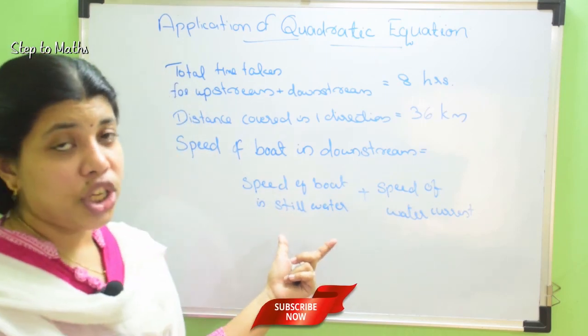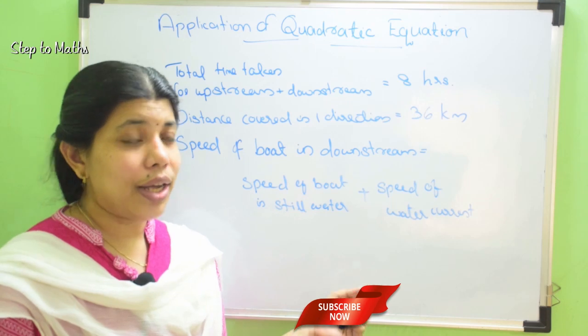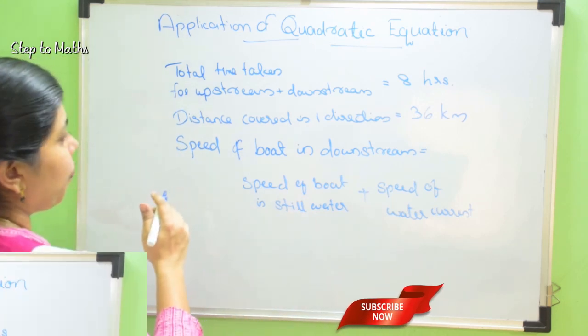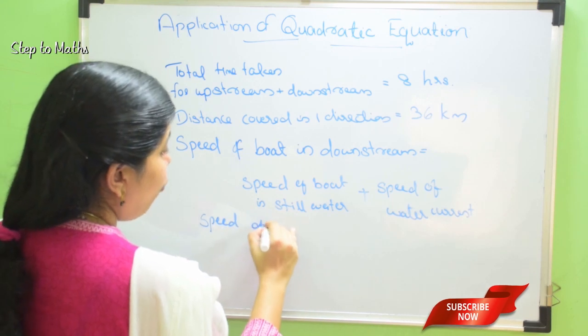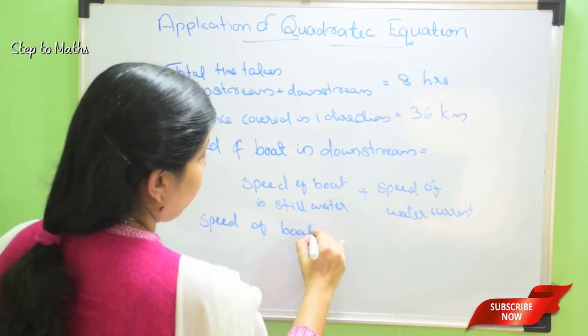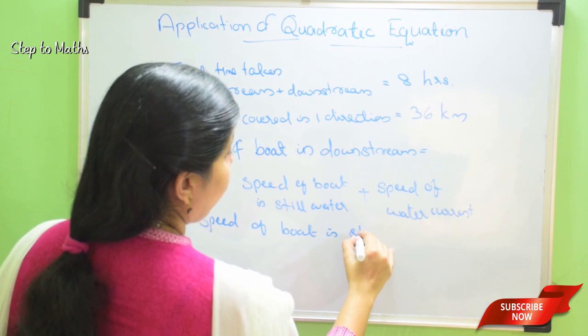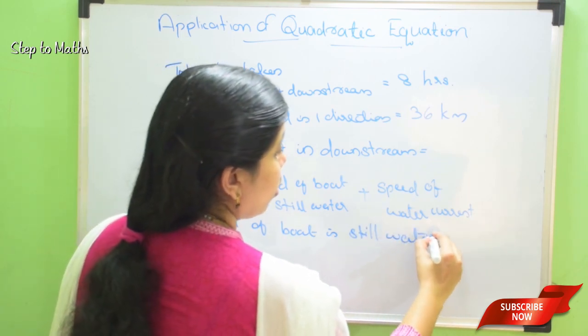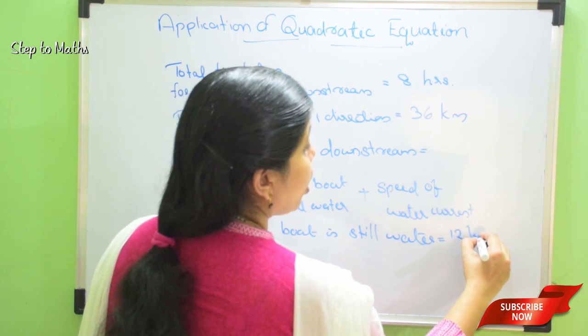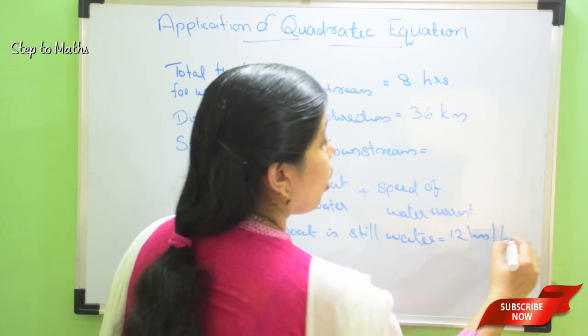Speed of boat in still water is given in the question as 12 km per hour.